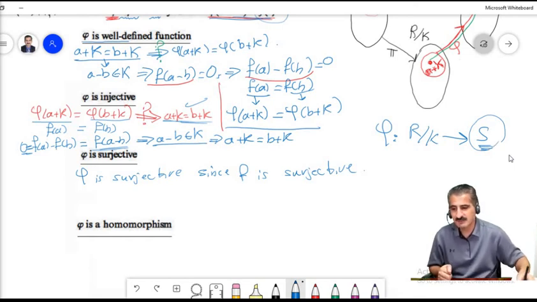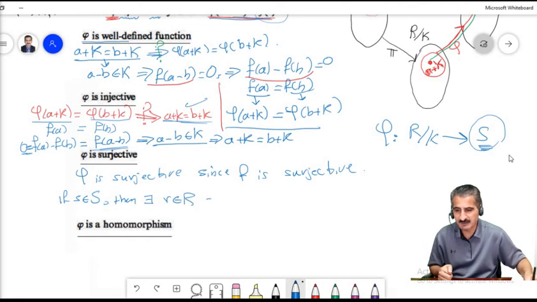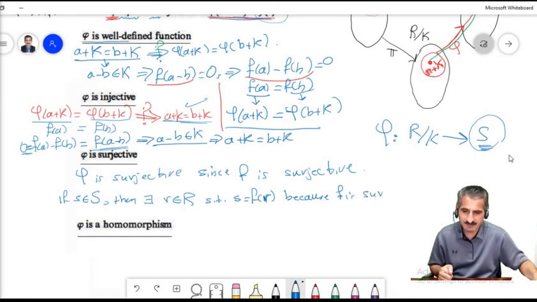So if small s belongs to capital S, then there exists r in R such that small s equals f of r. And why is that? Because f is surjective.